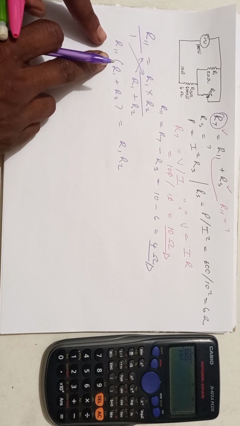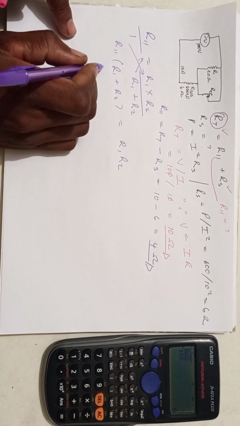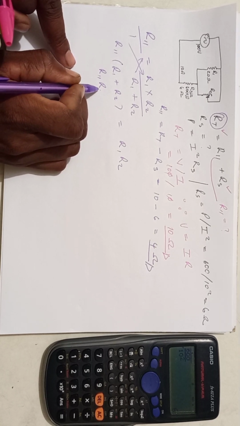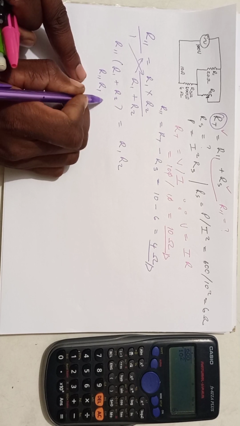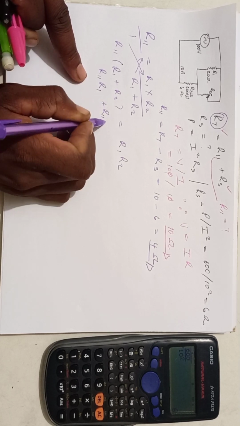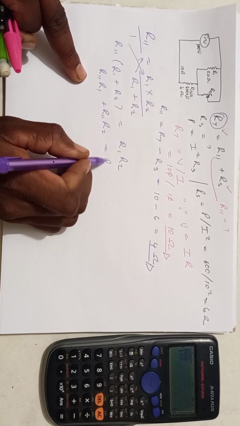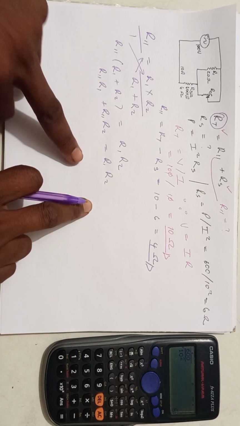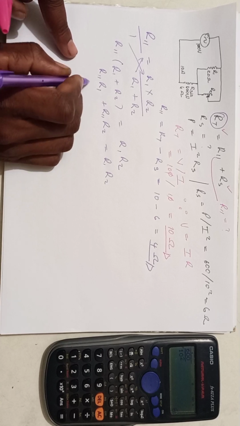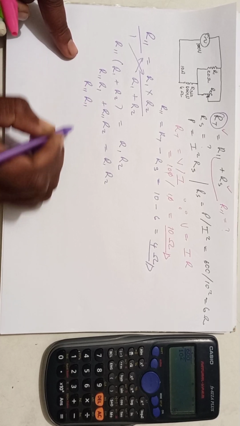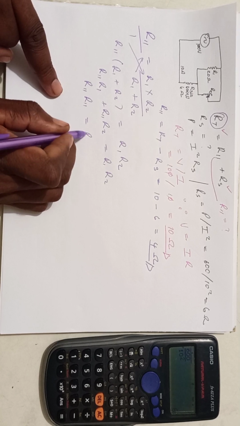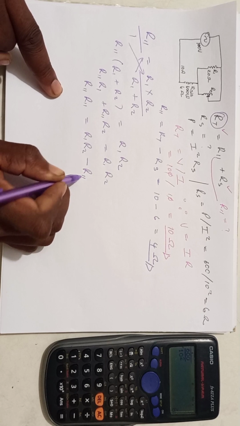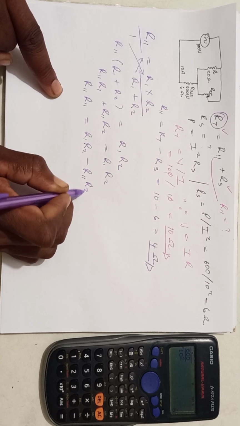So we would get R parallel R1 plus R parallel R2 equal to R1 R2. If we transpose this to this side, R parallel R1 is equal to R1 R2 minus R parallel R2.